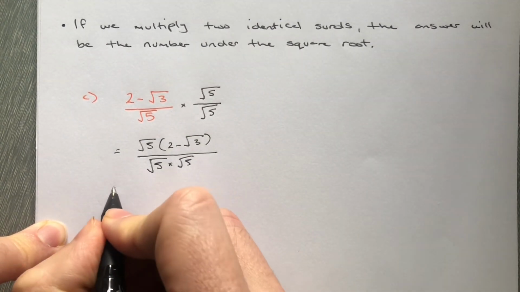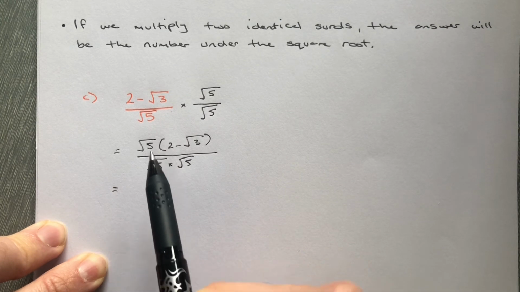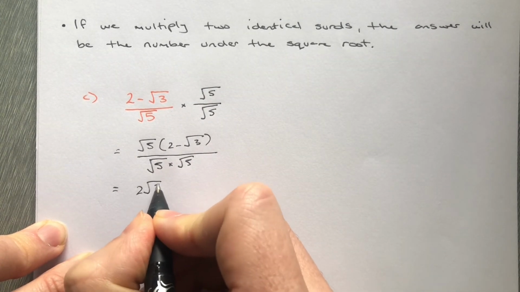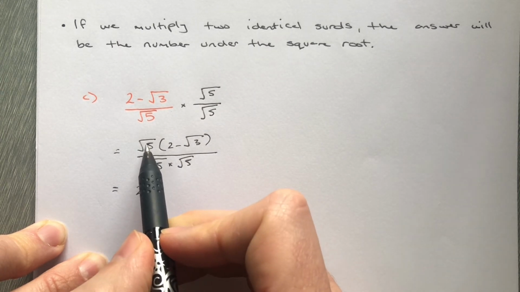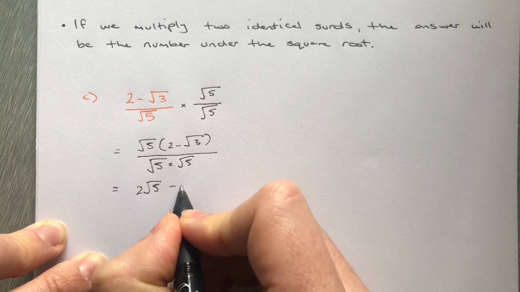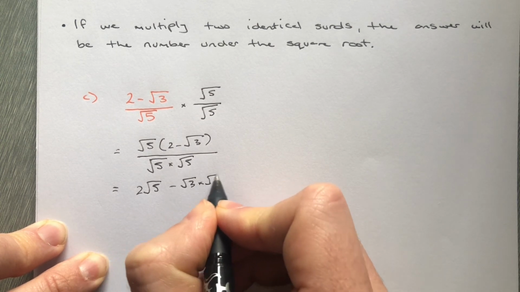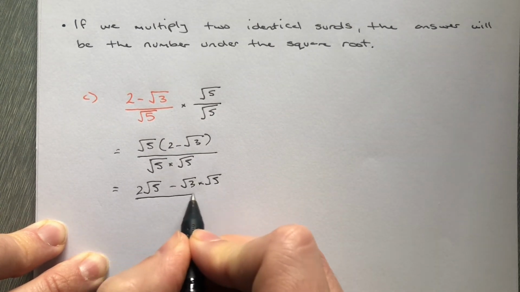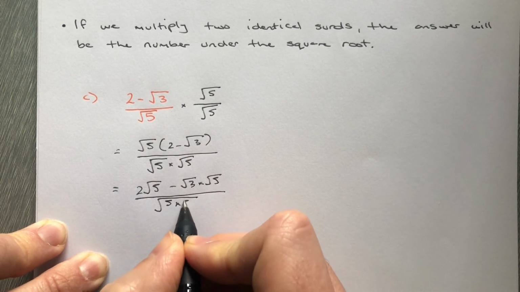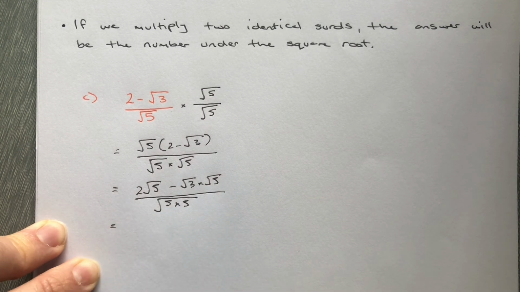There we go. Okay, let's look at the top first. So root 5 times 2, 2 root 5. Root 5 times minus root 3 is going to be minus root 3 times root 5. Now, again, I'm doing heaps and heaps of working out here.